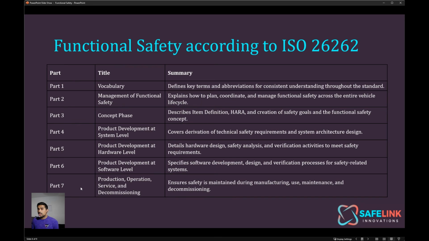If you're a hardware engineer, part 5 is a very, very important aspect. Similarly, part 6 is very important for software engineers. Hardware engineers, depending on what component they are working on, may also be interested in part 11, which talks about semiconductors.